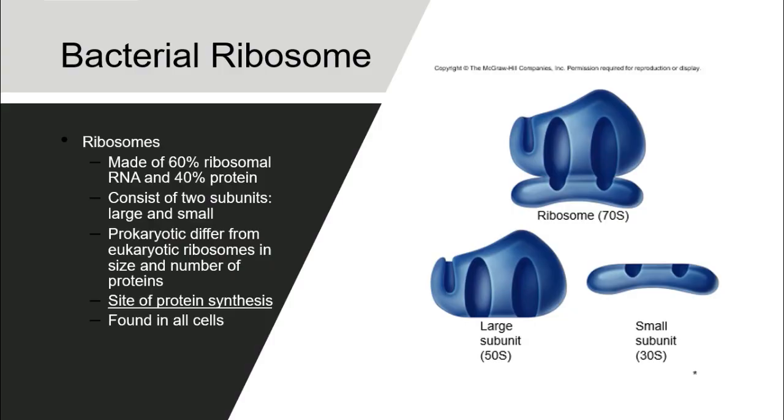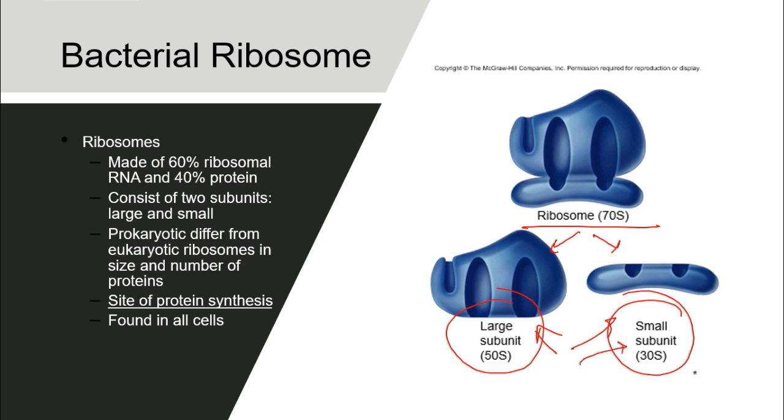Other than that, there are bacterial ribosomes, which are a little different in structure and function compared to the eukaryotic ribosome. While the eukaryotic ribosome is known as the 80S ribosome, the prokaryotic ribosome is known as 70S. It has two components: the 50S, the large subunit, and the 30S, the smaller subunit.